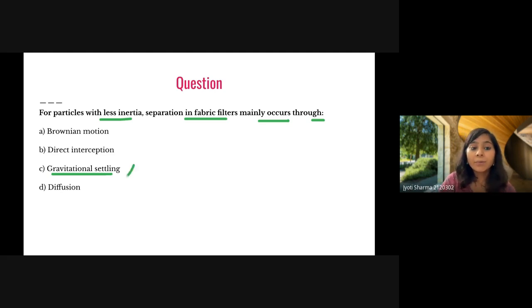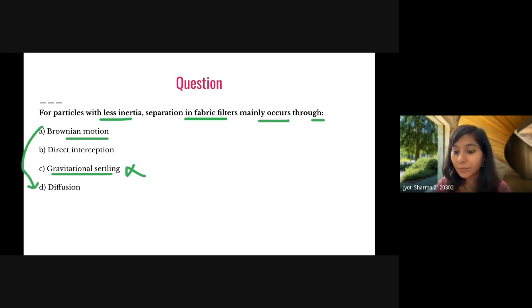Then we have Brownian motion, direct interception, and diffusion. Brownian motion is part of diffusion, as I have already talked about. Venkateshwara gave me the B answer, that is interception. Yes, I agree with this.